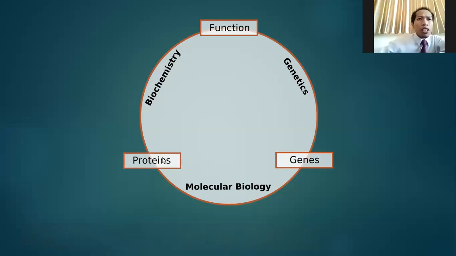So we call it biochemistry. In biochemistry, we are going to learn the structure, the composition, the properties, and also the changes of the protein, the reaction of the protein, and of course the function of protein. Those are the things that we are going to learn in biochemistry, which is a part of chemistry.